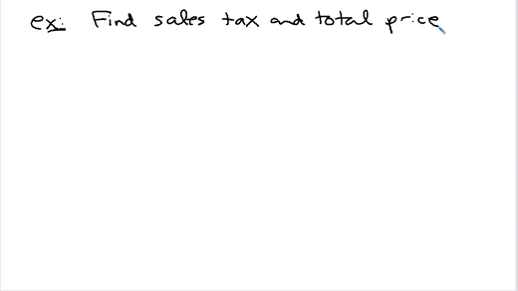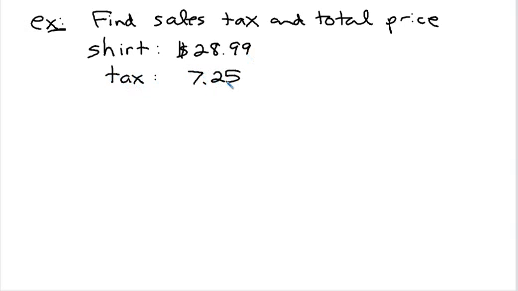So let's say that you have a shirt and the shirt is $28.99. And the tax is, we'll use our local tax. I think it's either 7 or 7.25%. And they want to know what's the sales tax and what's the total price.